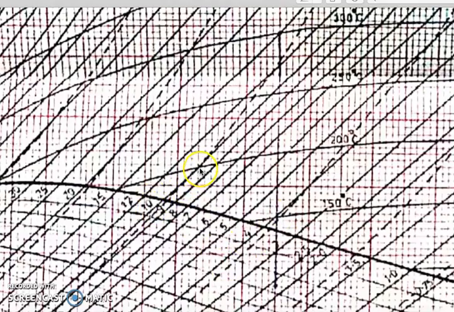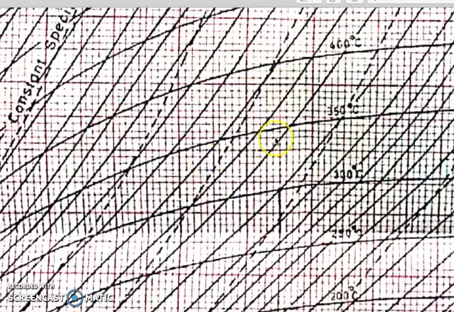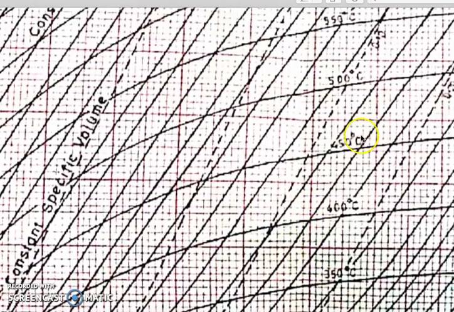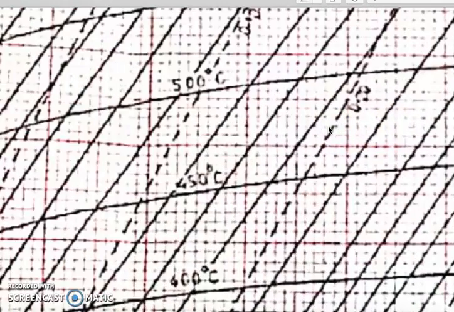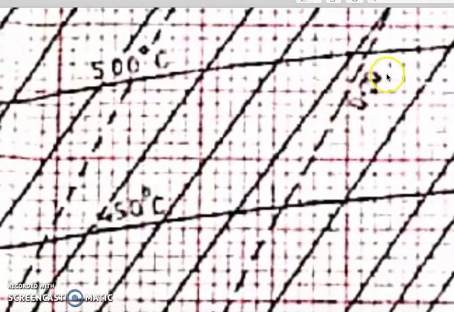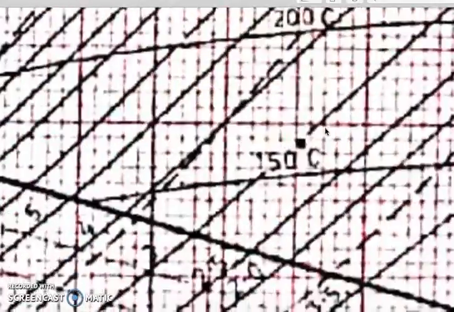It is not clearly visible here, but the point is directly falling on this line only, fine. Whatever value of the specific volume this dotted line has will be the value of the specific volume.